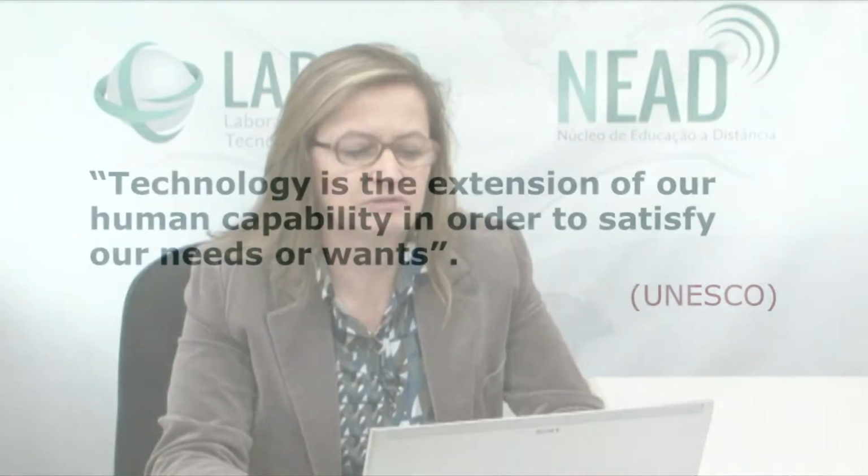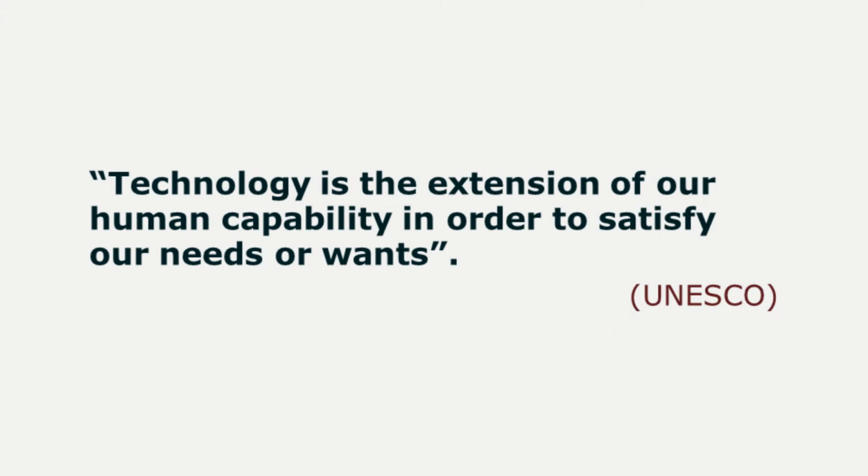In Unit 1, we defined technology as the extension of our human capability in order to satisfy our needs or wants. The language labs emerged from the military's need during World War II to train large volumes of personnel in different languages.